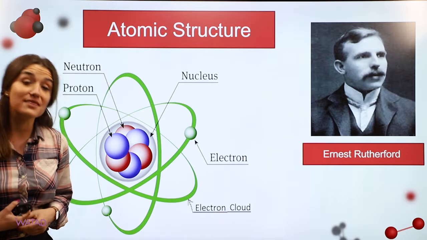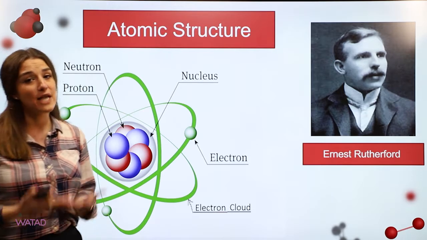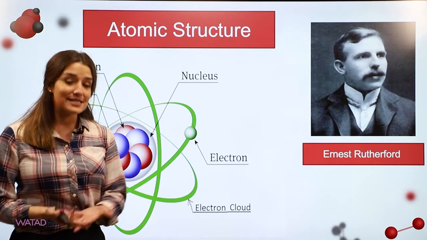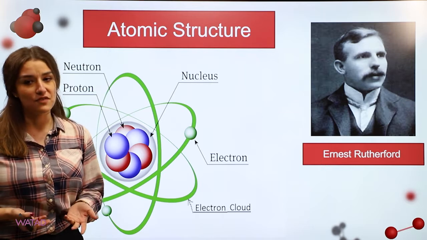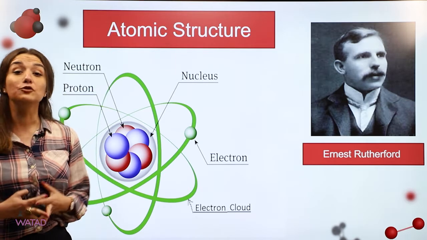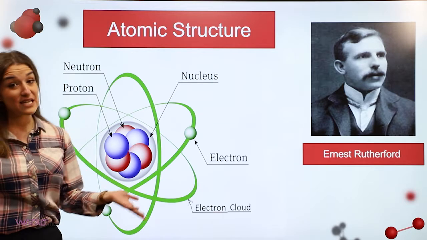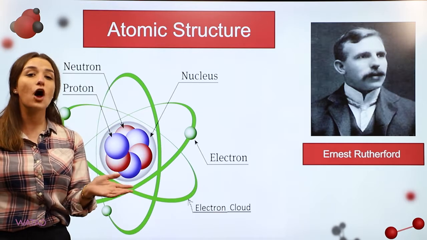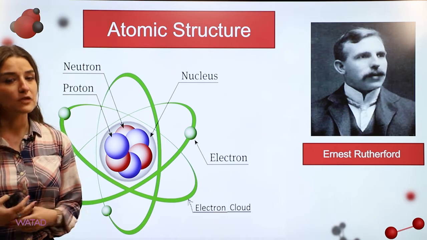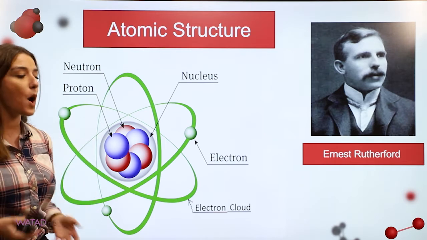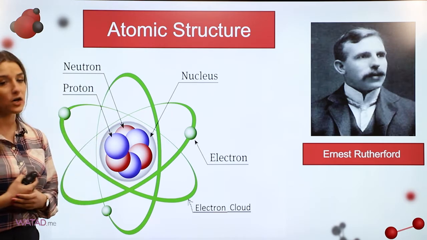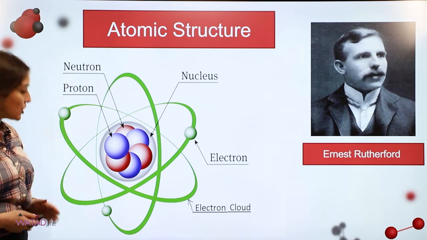This doesn't mean that these are the only identified subatomic particles. Recently, scientists have identified some others like neutrinos and quarks. Those are outside our context, but it's interesting to know that neutrinos and quarks are other subatomic particles that may be considered.